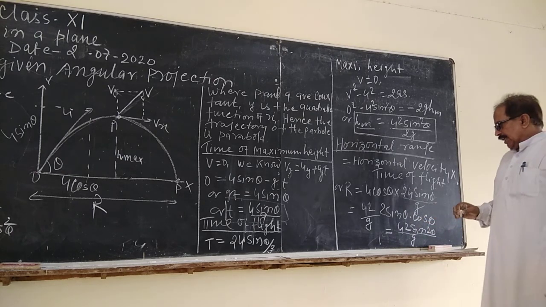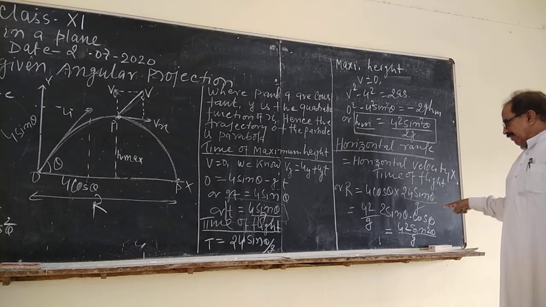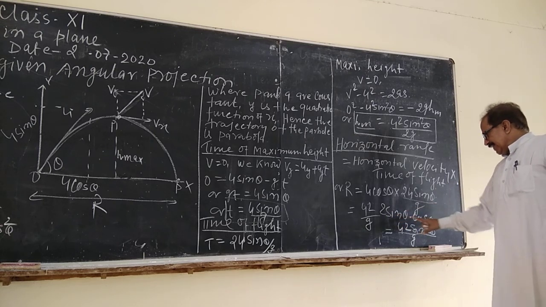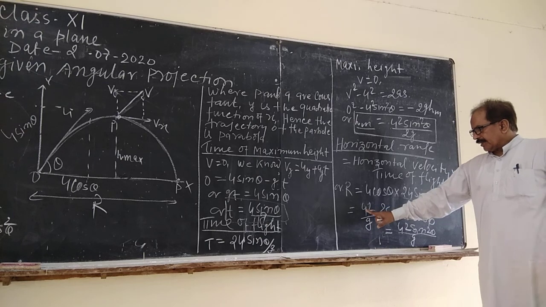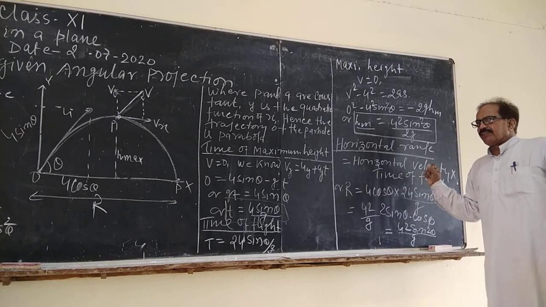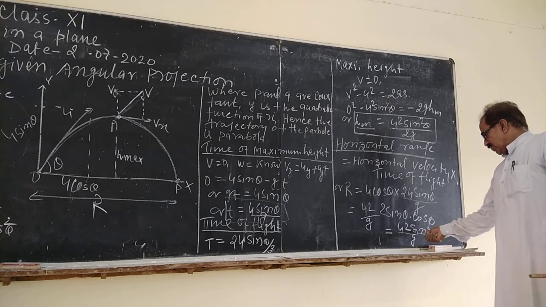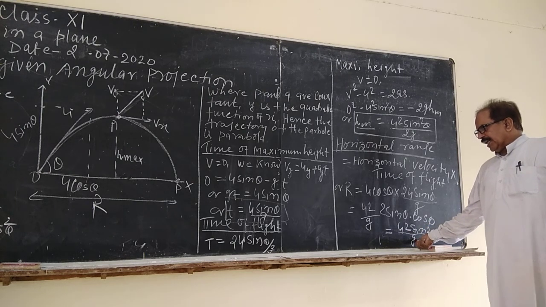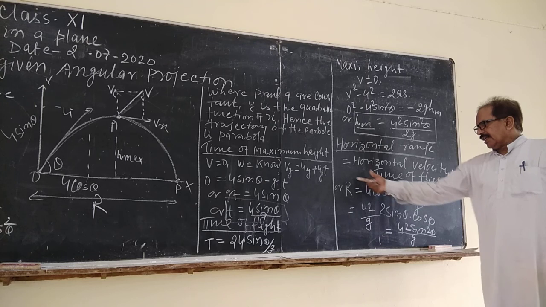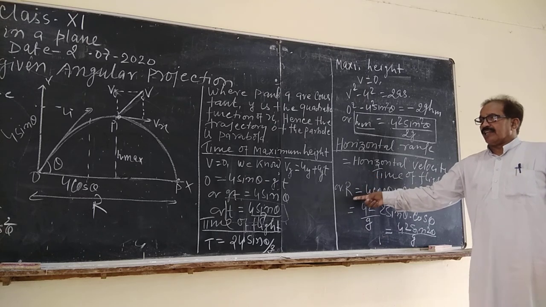With the help of the trigonometric identity, 2 sin theta cos theta is equal to sin 2 theta. Then we find the final relation R is equal to u square sin 2 theta upon g, and this is the value of the horizontal range.